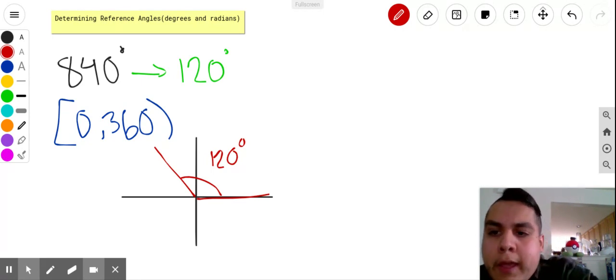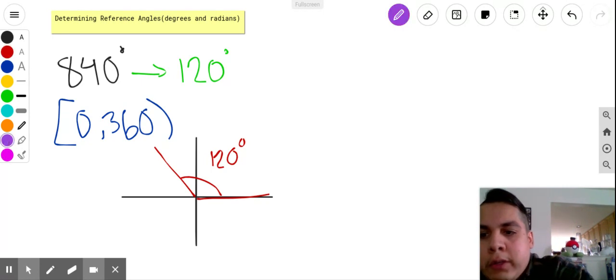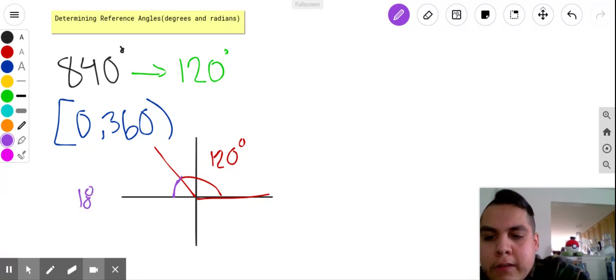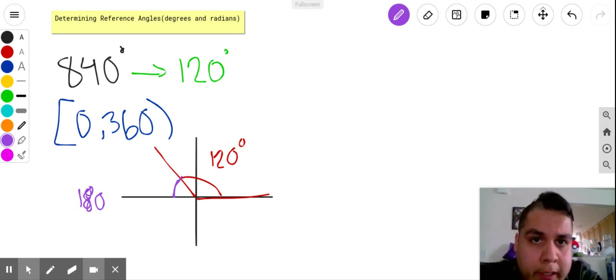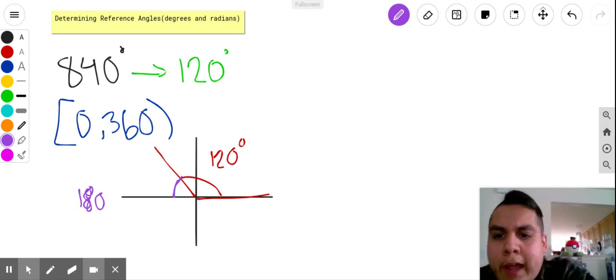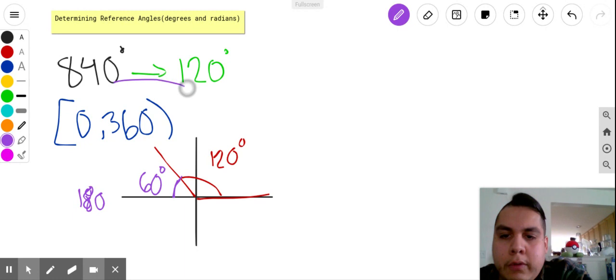So I know that this angle, the closest x-axis, is right here in the purple. And this is the 180 degree mark. So if I'm at 120 and you need to get to 180, well, I can just say that's going to be 60 degrees. So this angle has a reference angle of 60 degrees.